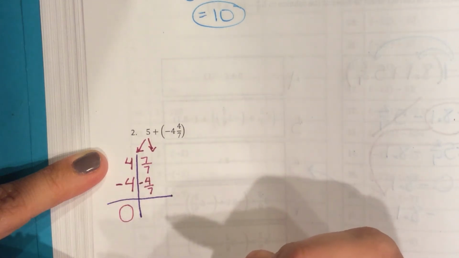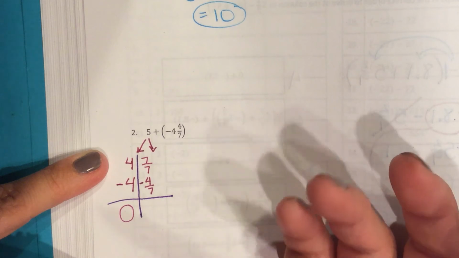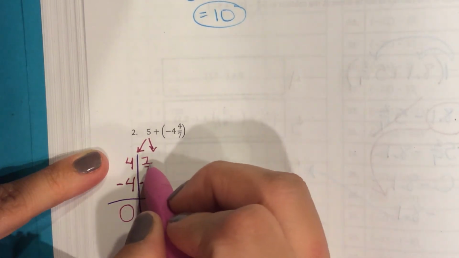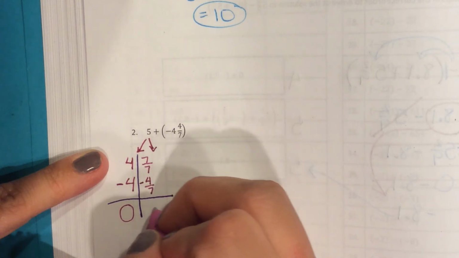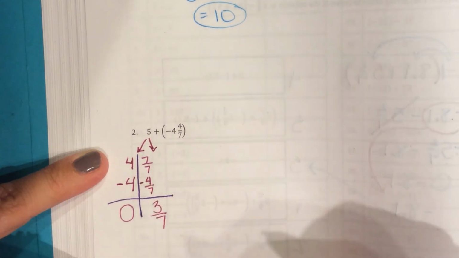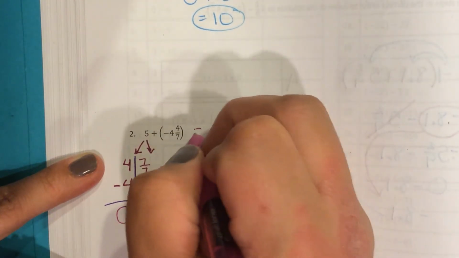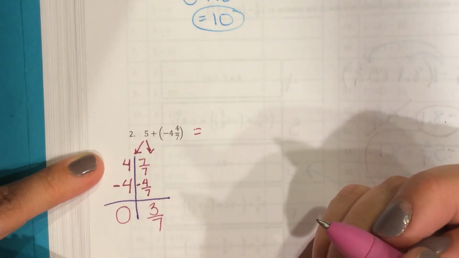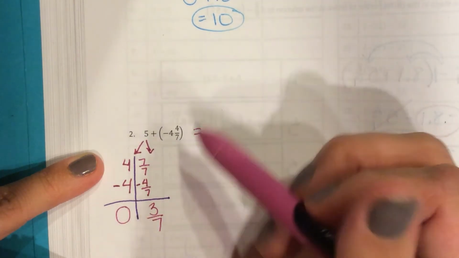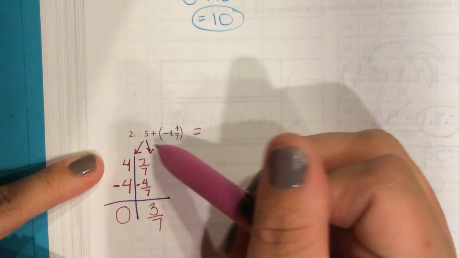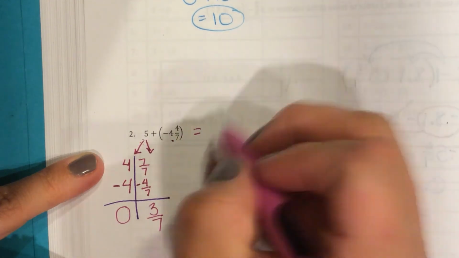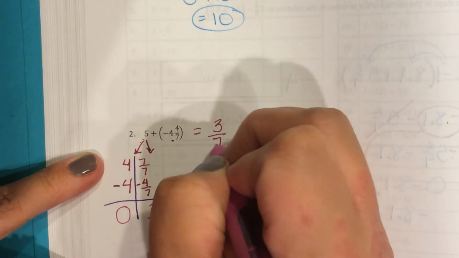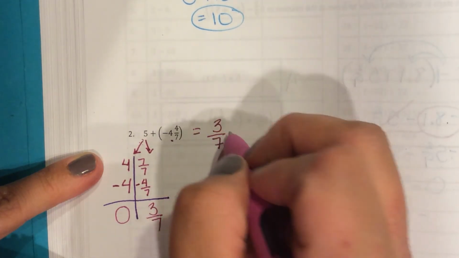I'm not really going to write 0 in my answer, but there's nothing left in the whole part. 7/7 minus 4/7: 7 minus 4 is 3/7. Before I write my final answer down, I look at which one of these had the bigger absolute value, and 5 did. So my answer will be positive 3/7. Now I'm done.